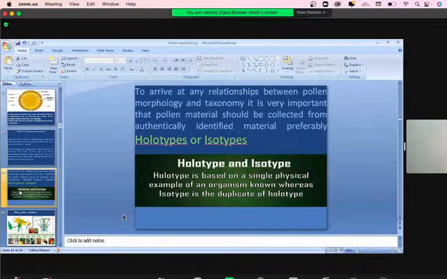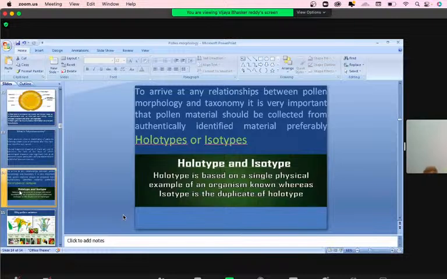Dr. Abraz sir's collections are also preserved here. Most of the time holotypes are not allowed for collection of such material. Isotypes you can take, because isotypes are more. Any one of the isotypes you can take, so that you are going for an authenticated specimen.